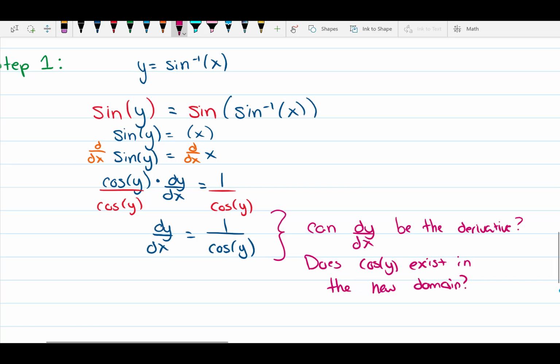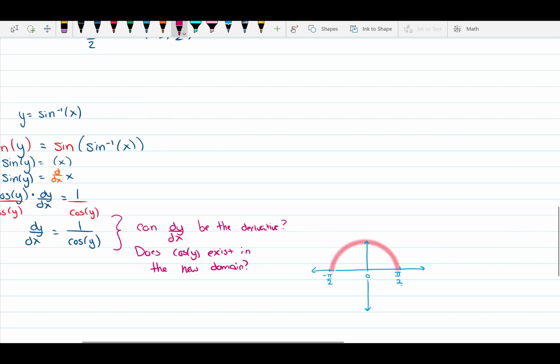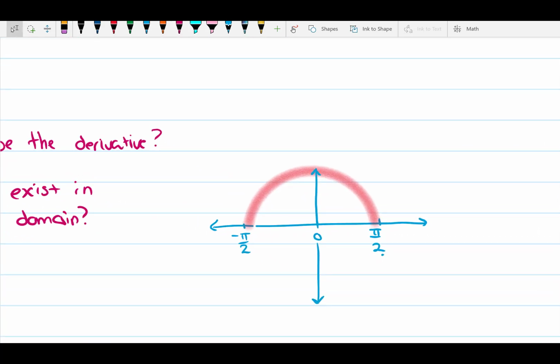Well, I'm going to pull up a graph of cosine of x. So right here, this is cosine of x on the interval negative pi over 2 to pi over 2. So let's look at the section that we're looking at, where we're looking from negative pi over 2 to pi over 2. So look at that. Cosine does exist from negative pi over 2 to pi over 2. So we're okay. So the original function existed and the derivative exists.